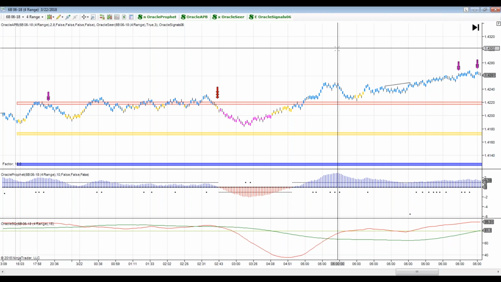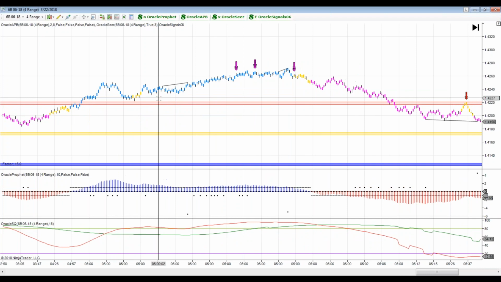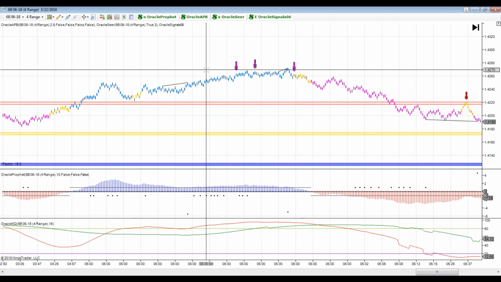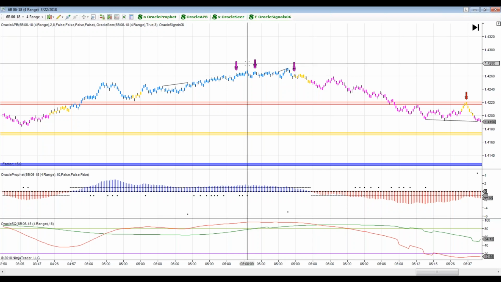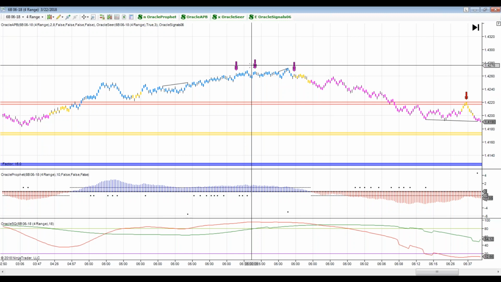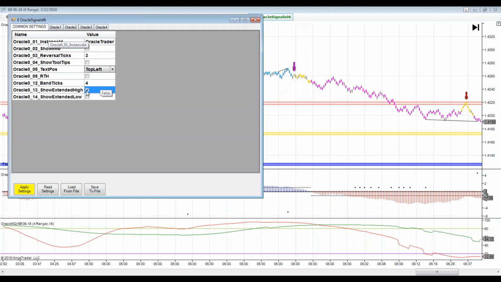We moved higher up, and we actually got into an extended area here. This is our extended area. You've got the ability to actually show this on the chart. And in fact, let me do that. I can do that by clicking on here and showing the extended high.